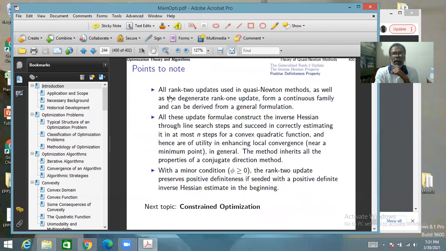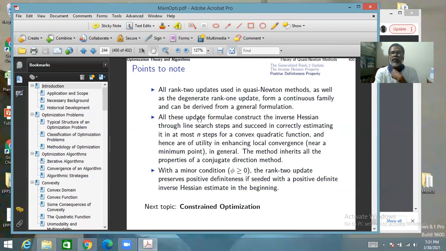Okay, so to summarize all the issues of this lecture, first, all rank 2 updates used in Quasi-Newton methods, as well as the degenerate rank 1 update, which is not used, together form a continuous family of inverse Hessian updates, and we formulated them together in one formula, right?